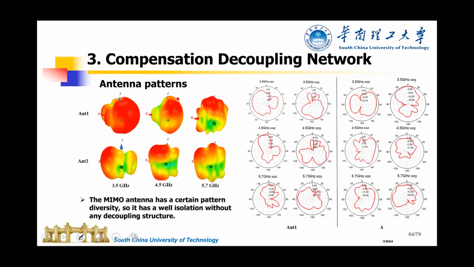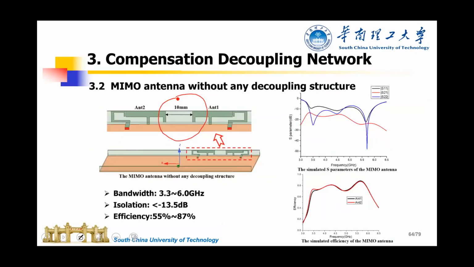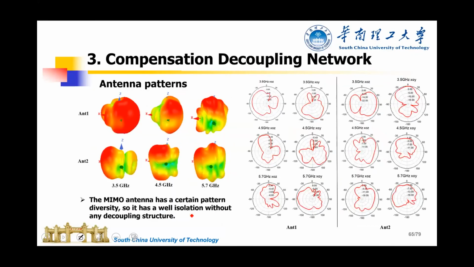The isolation is not very good, only 13.5 dB. This is the direction. We also find the radiation patterns also can get the exact performance, the effective.